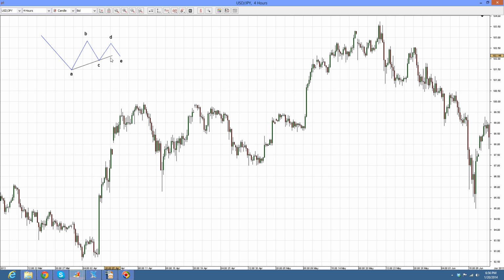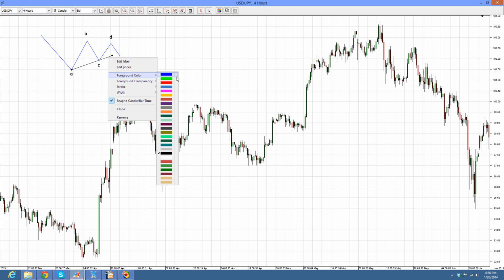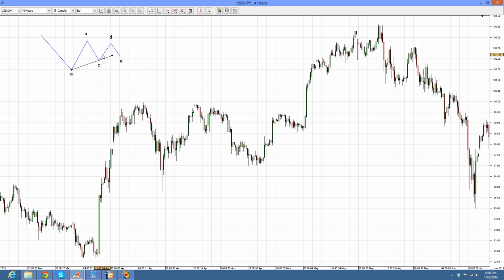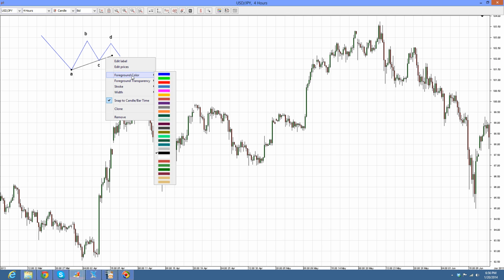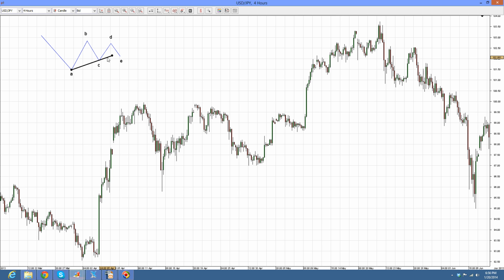So A and C like this, and B and D like this. By far the most important trend line is the B and D trend line, and the reason for that is that there are specific rules that price action should obey, and we are going to talk about them a bit later.